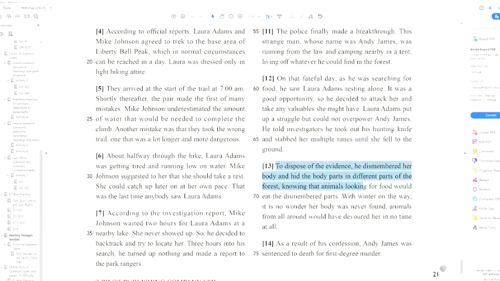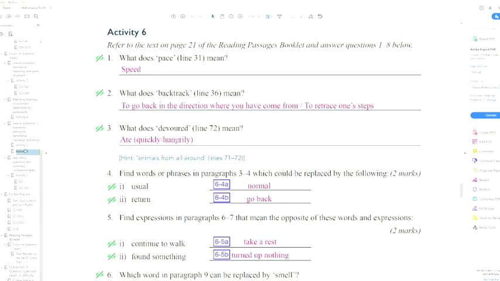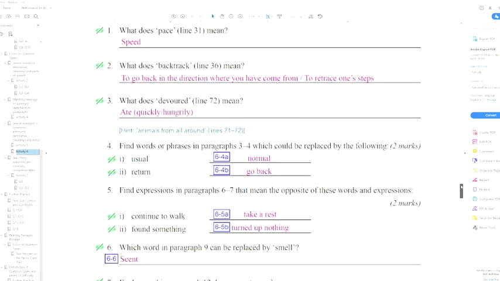To dispose of the evidence, he dismembered her body. So the opposite of to keep is to dispose of. If they have one phrase that says to something, like a verbal phrase, your answer should probably be the same, to, and that is the case with this question right here.